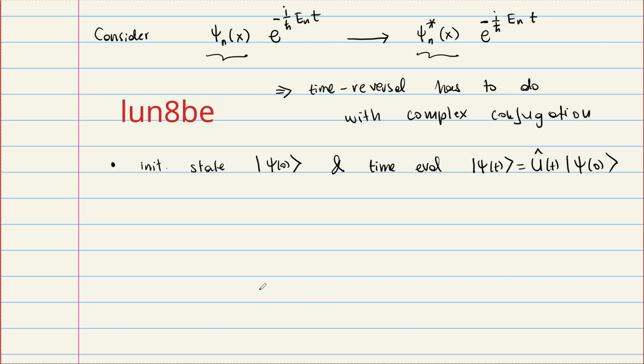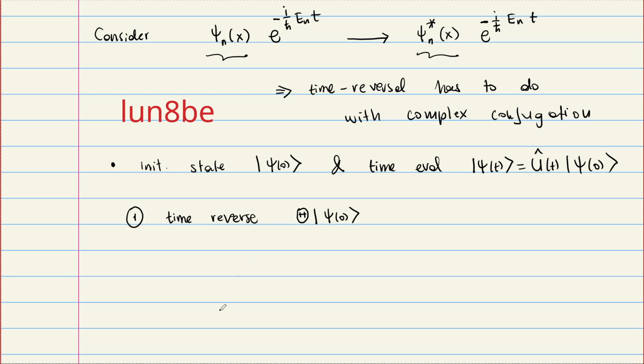Now I want to look at two different things. I want to compare two different ways of evolving. So first I want to time reverse. I don't know what this thing is yet. We have to find out. And this operation, I want to show it with this convention, uppercase theta, hitting on psi of 0.